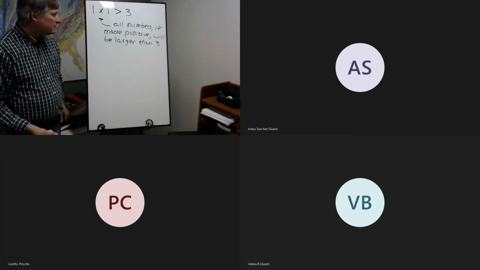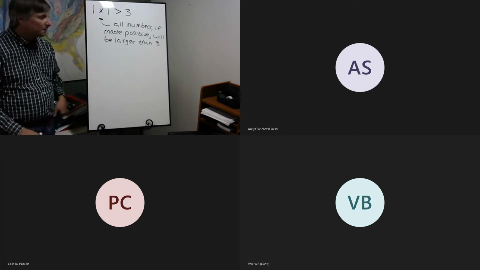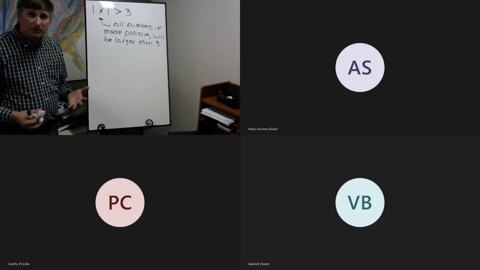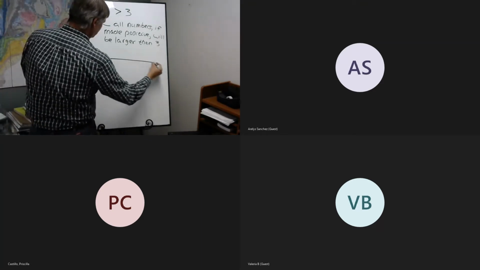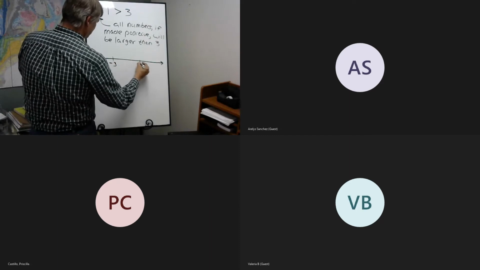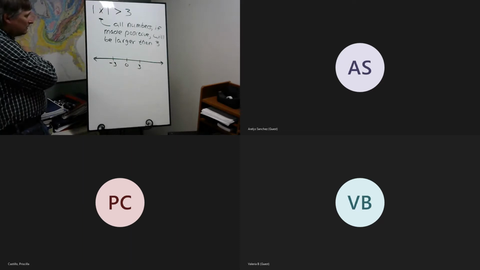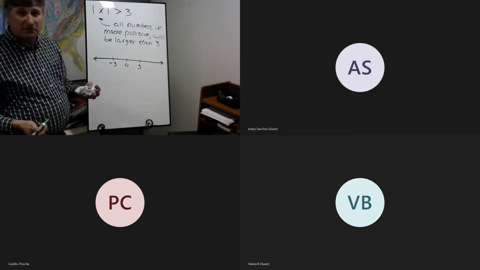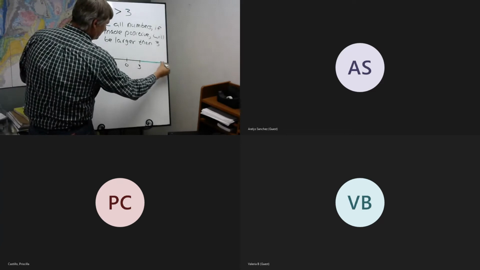So all the numbers, if made positive, will be larger than 3. That's what x stands for. So what are these numbers? Well, first off, numbers bigger than 3. All these out here.